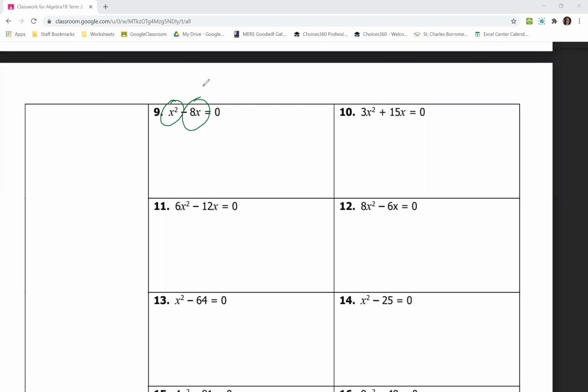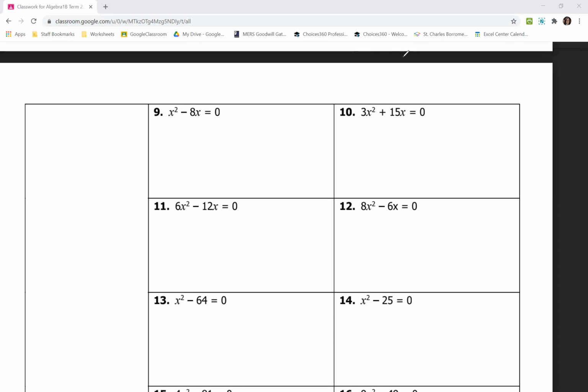So I can't combine them. So I have to find a way to manipulate them. And so factoring is a great method to pull those x's out of the terms, where you're creating just two factors that involve x as opposed to two terms that involve x.